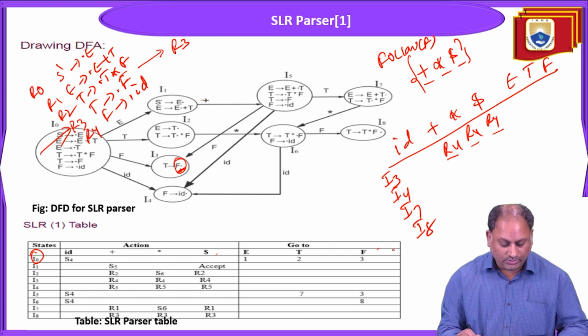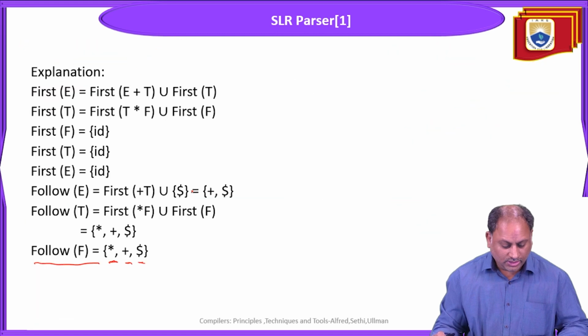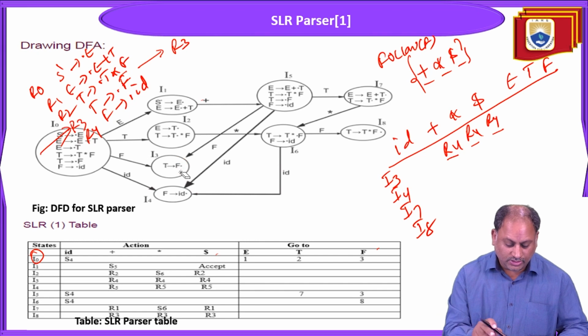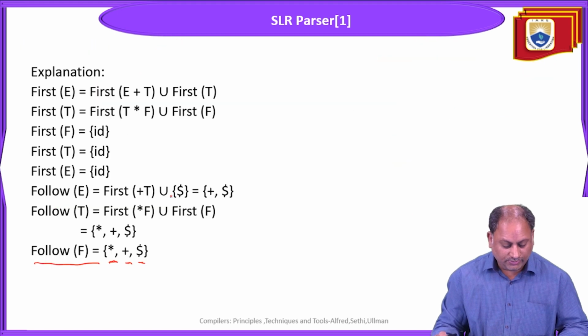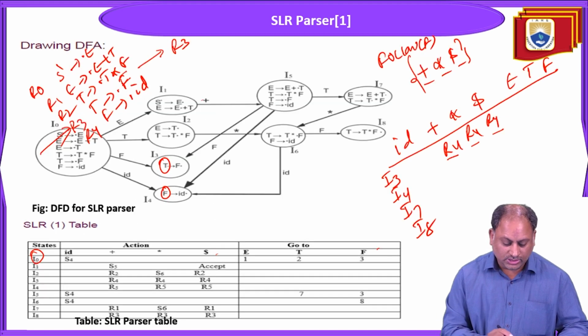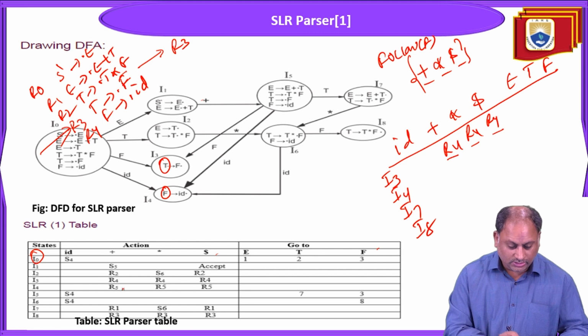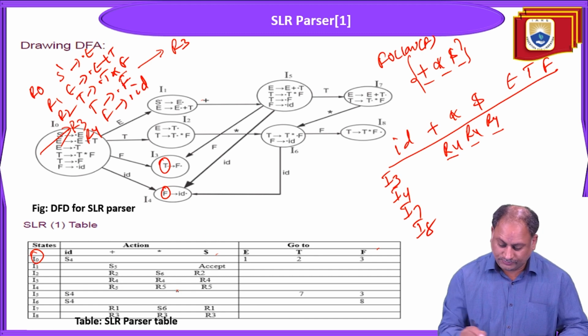And if you come to I4, it is to be considered as follow of T and follow of F. Follow of F and follow of T are both the same, so that's why we have to write the reduction rule. What is the reduction rule here? For I4, F derives ID. So here we have to write I4 R5.